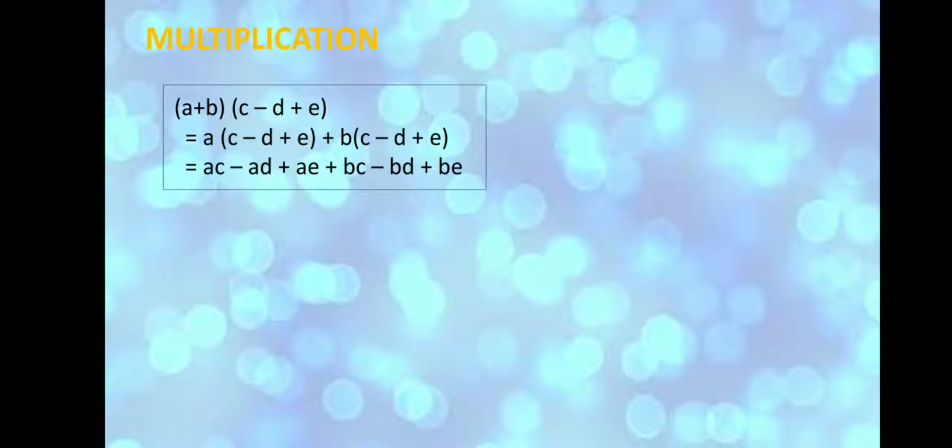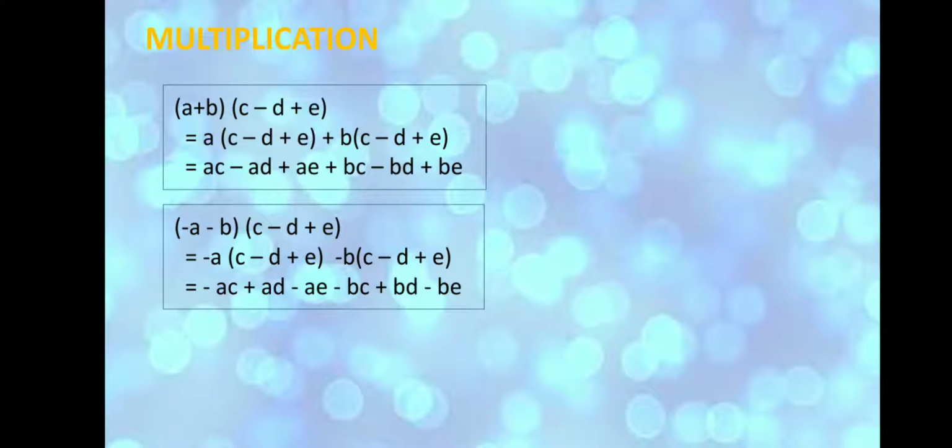So how are you going to do it? a into c, minus a into d, plus a into e, plus b into c, plus b into minus d, plus b into e. So which will give you the final answer as ac minus ad plus ae plus bc minus bd plus be.